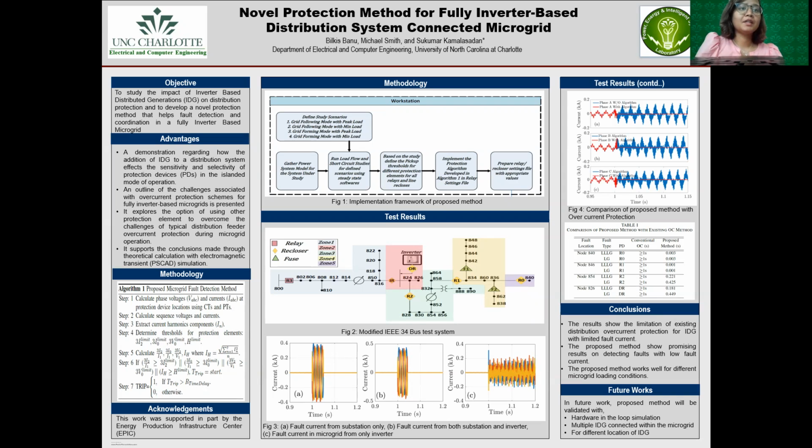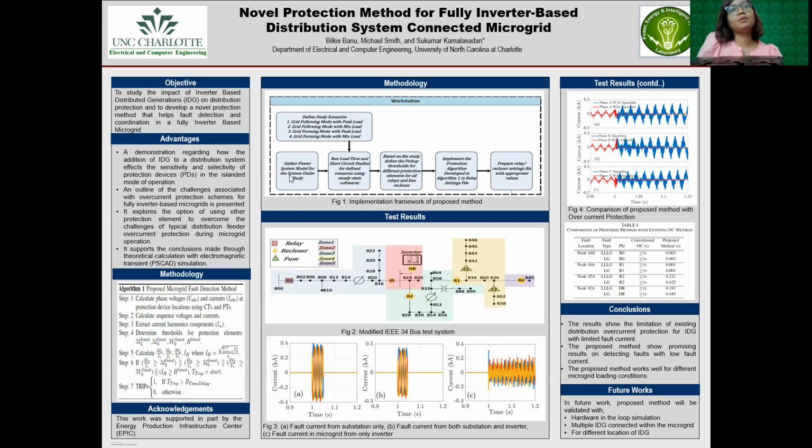Then we have to find the ratio between the sequence current, voltage, and harmonic current from the system. And then we have to find the trip signal using those calculated values, and this trip signal will be given to the relay. So this is the implementation framework of the proposed method.